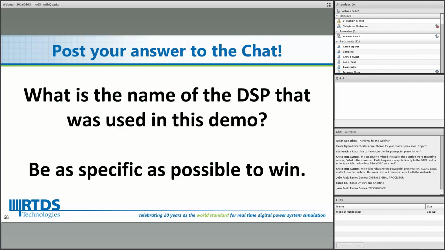The implication of using a higher switching frequency in your controller is that the impact of the size of the small time step would become more visible in your simulation result. I hope this would have been sufficient as an answer for the question. Again, the question was, what is the maximum PWM frequency to apply directly to the GTDI card in order to switch the low-loss 2-level VSC switches?